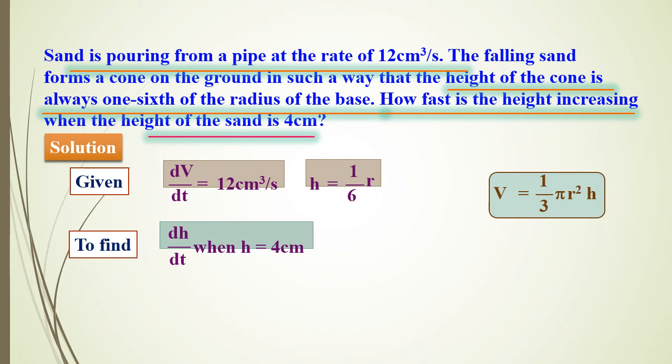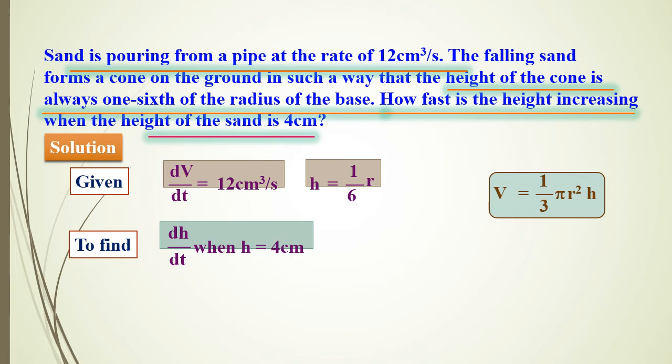In this case, the volume of the cone will be changing, and it can be written as dV divided by dt. So in the question it is given that sand is pouring from a pipe at the rate of 12 centimeter cube per second. So the volume of the cone is changing, therefore it can be written as dV by dt equal to 12 centimeter cube per second.